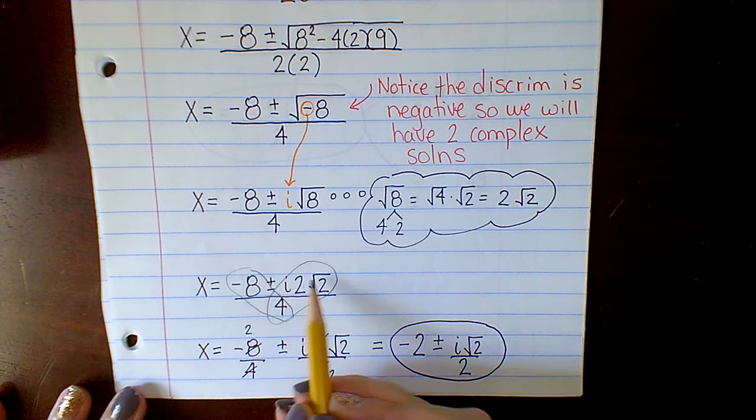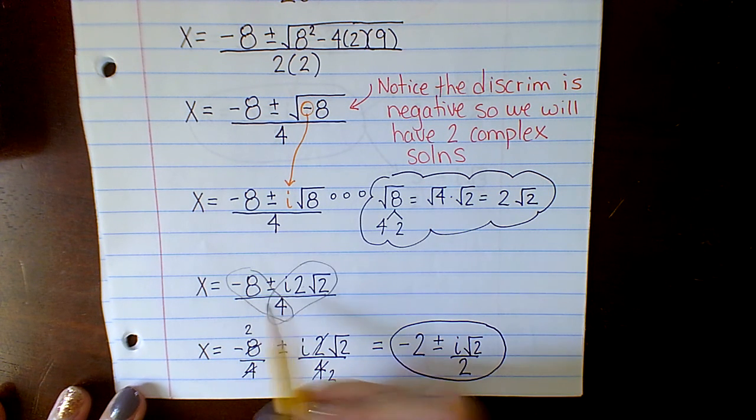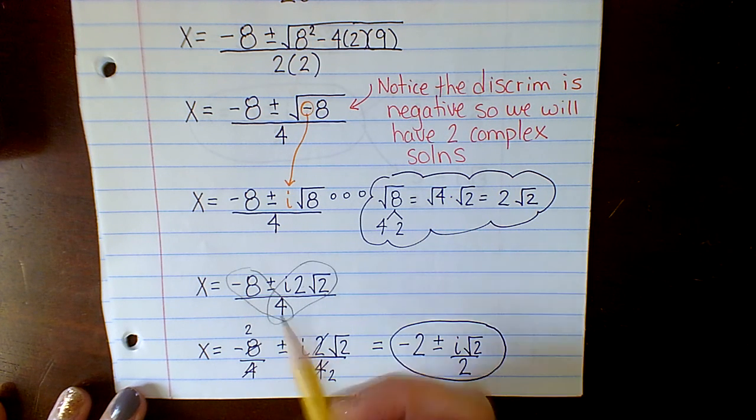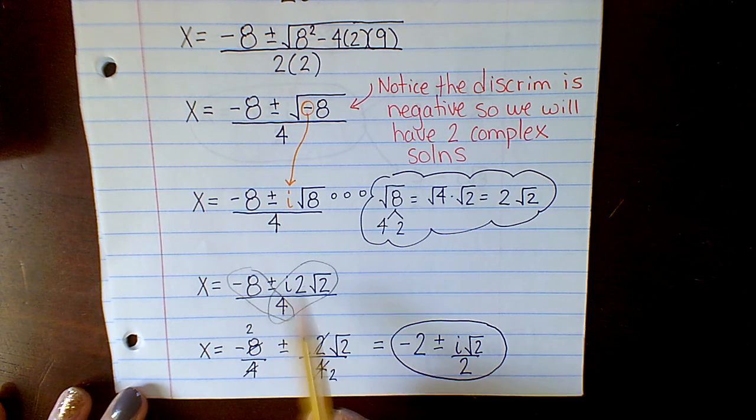So if either of these fractions reduce, you're going to need to reduce them separately. So with some of the other ones, I wouldn't bother splitting these into fractions if these were like terms up top. All right, so if I split this into two fractions, I get negative 8 over 4 plus or minus i 2 root 2 over 4.